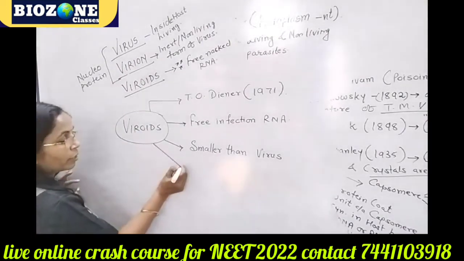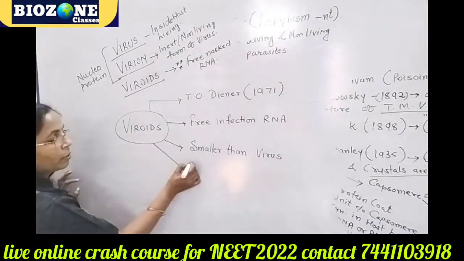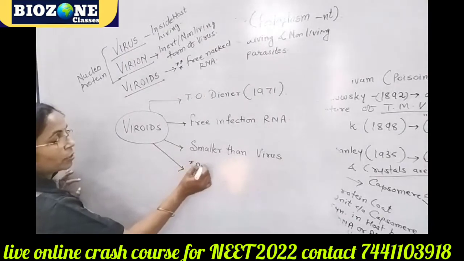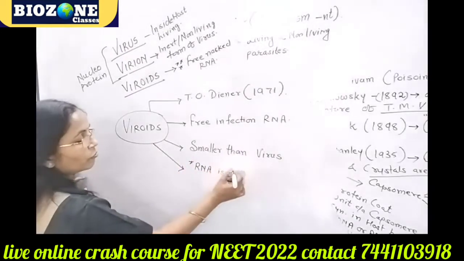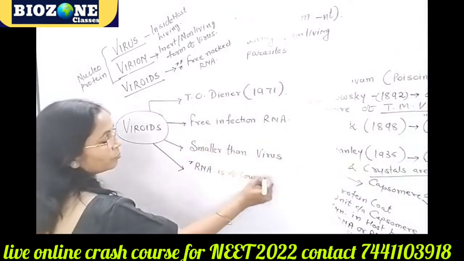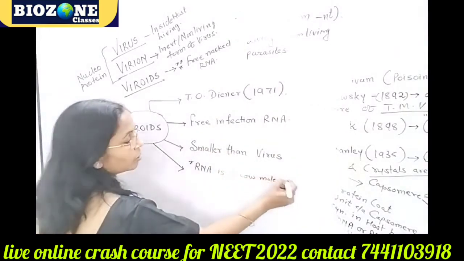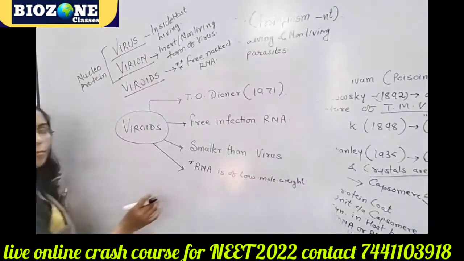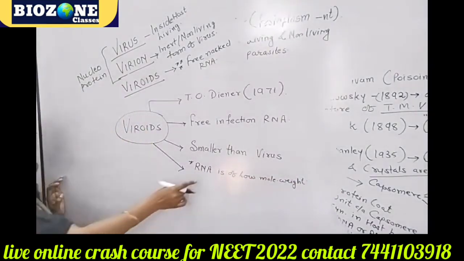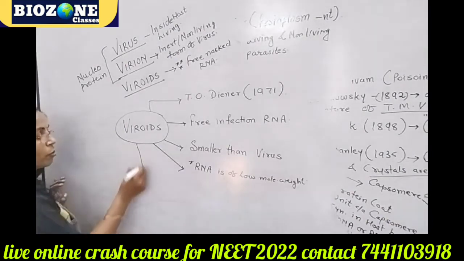Secondly, viroid के लिए याद रखेंगे यहाँ पे most again important. All 3-4 statements are important. RNA is of low molecular weight. Wrong statement में high molecular weight आता है. So for that you remember RNA is of low molecular weight.